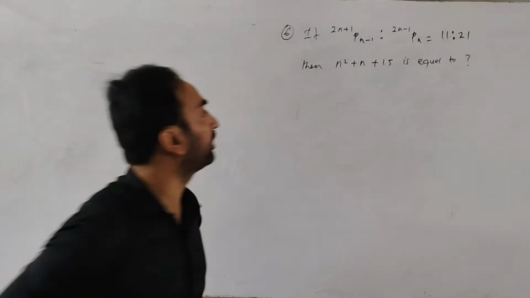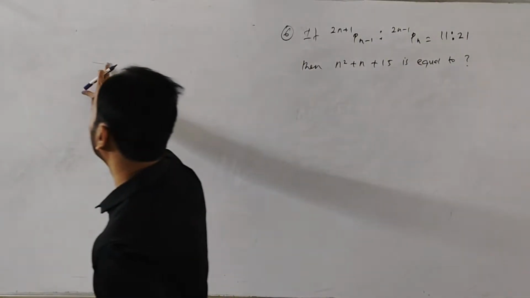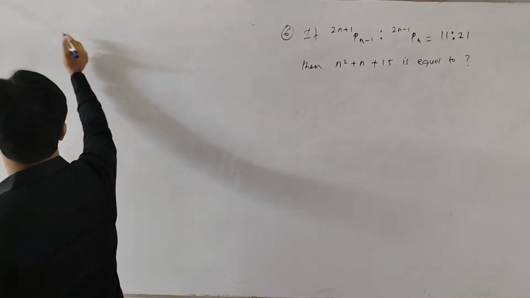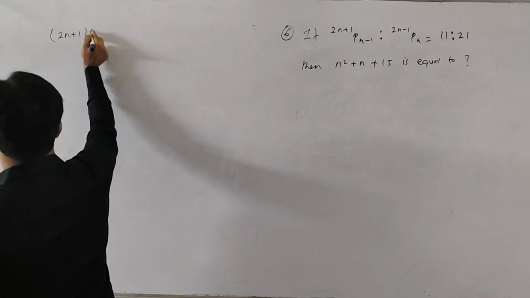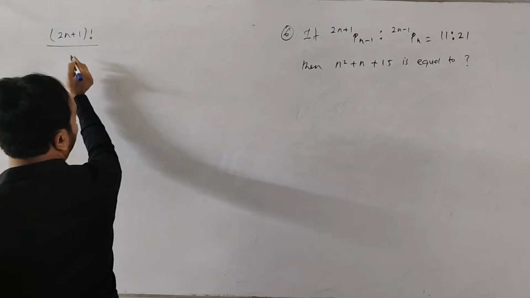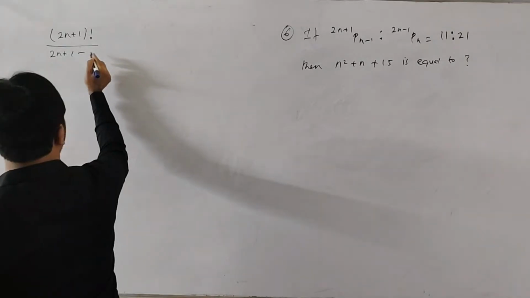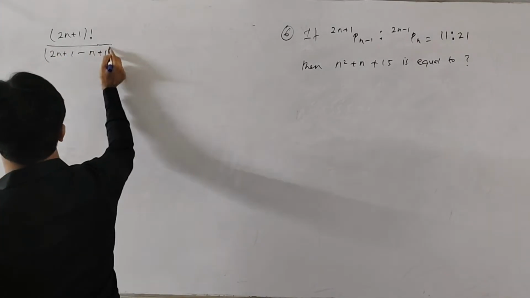Okay, so for nPr, what we'll do is use n factorial over (n minus r) factorial. So just solve. This step will start with 2n plus 1. This can be written as (2n+1) factorial divided by (2n+1-(n-1)) factorial, and minus of this will become plus 1.